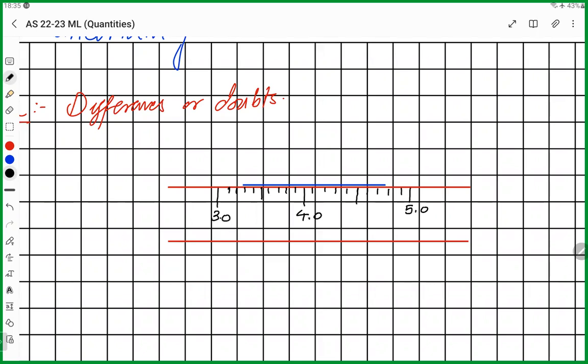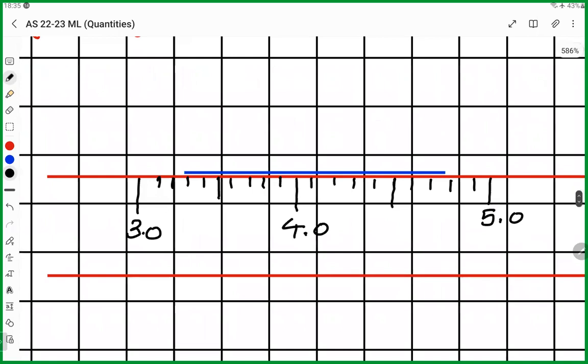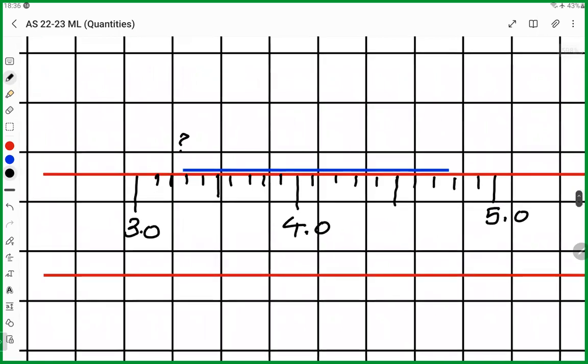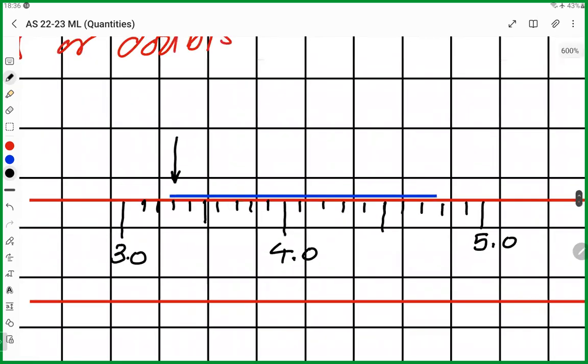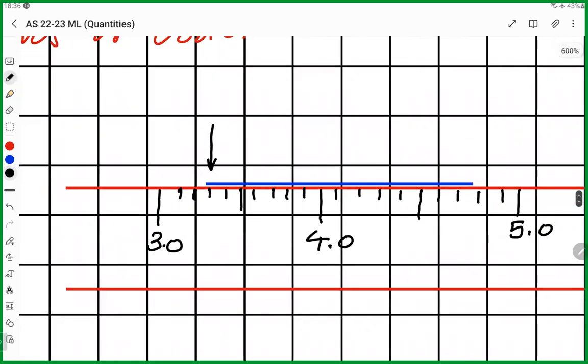Now, if somebody asks you, what is this reading right now? This ruler can only offer you 3.2 and 3.3. So you have to make a decision. Do you think it is 3.3 or 3.2?